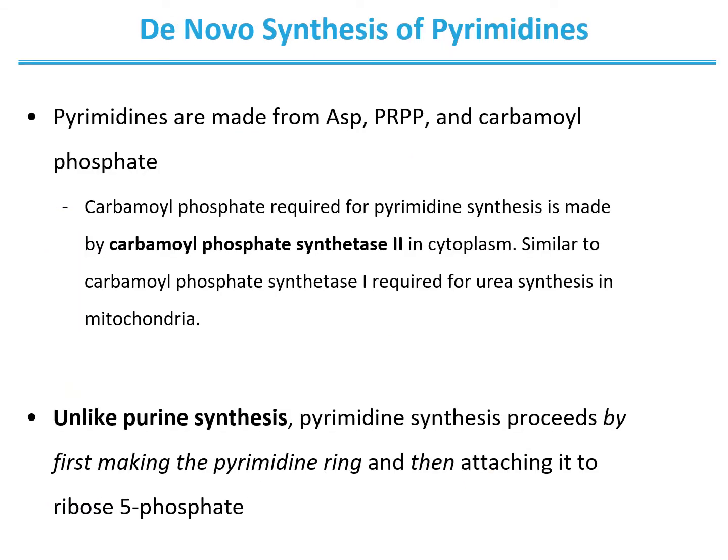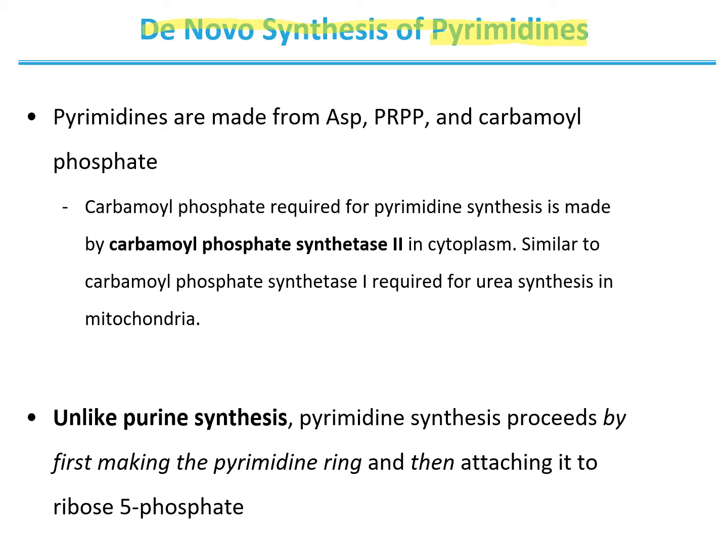Next up, we have the de novo synthesis for the pyrimidines. Pyrimidines we discussed in the previous lecture are the small nucleotides like cytosine, thymine, and uracil.